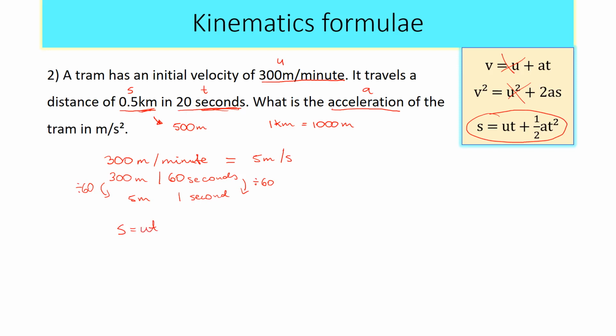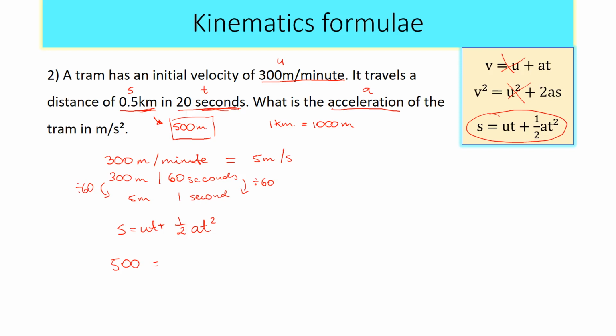So I've got this formula that I want to use. I'm going to put all the values that I know. So the first one is S, that is 0.5 kilometers, but remember that we want it in meters, so this is going to be 500. Now U, that was 300 meters per minute.